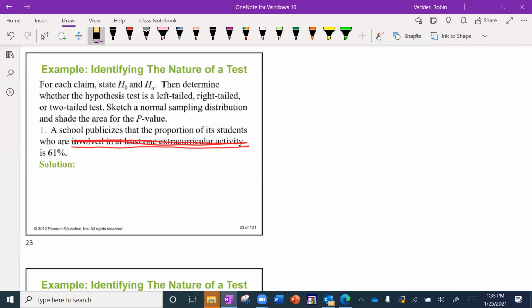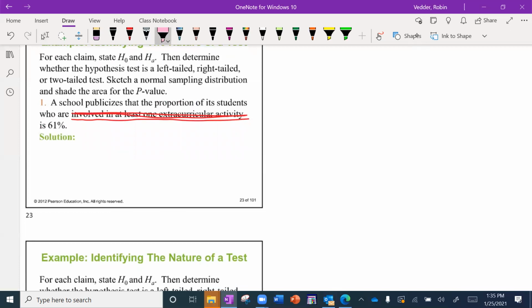The "at least" might make you think that you use that in your inequality, right? But take a look at the wording. What population parameter are we talking about in this problem? Proportion. And proportions are given in percentages or decimals. The reason I crossed that out is because the only thing we're interested in is the actual percentage, which is 61%.